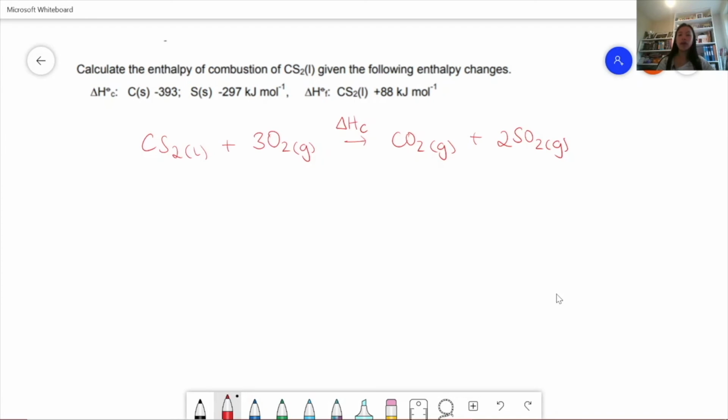And now we have a look at what we have. And so we have the enthalpy of combustion of the carbon and the sulfur. And then we have the formation of CS2. So that means that we can add the constituent elements of CS2 together to form CS2.